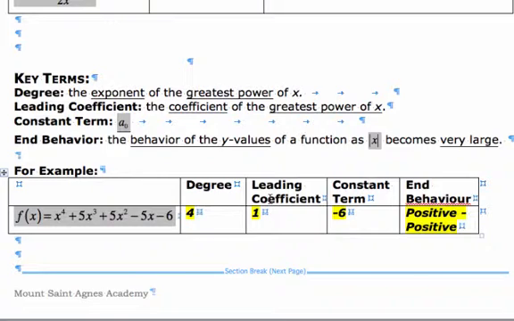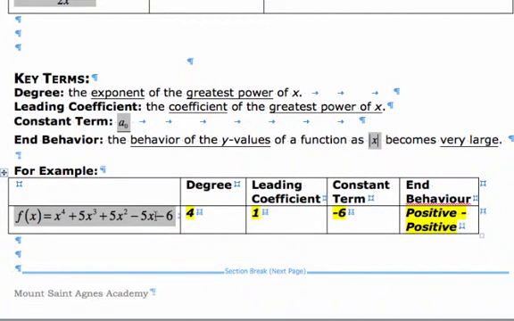Specifically, it's the largest exponent on our variable x. So in our example, if we look below, x to the exponent 4, okay, the 4 is the largest of the exponents, and so that means we have a degree of 4. Leading coefficient. The coefficient is the number in front of the variable with the largest exponent. So in front of this x to the exponent 4, there's a 1. So we have a leading coefficient of 1.